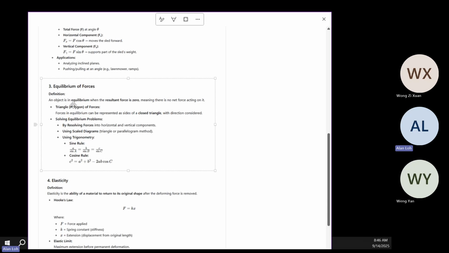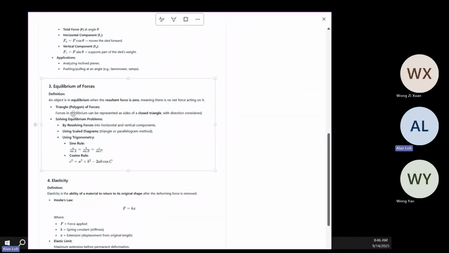An object is in equilibrium when the resultant force is zero. Resultant force is zero, meaning there is no net force acting on it. So the headmasters of the 3 universities come and pull you, and all of them have the same strength. So you are not moving, you are still in place. Although Tokyo is trying to pull you, UM is trying to pull you, and NUS is trying to pull you, you're still not moving.